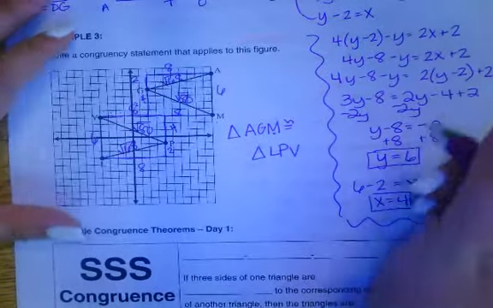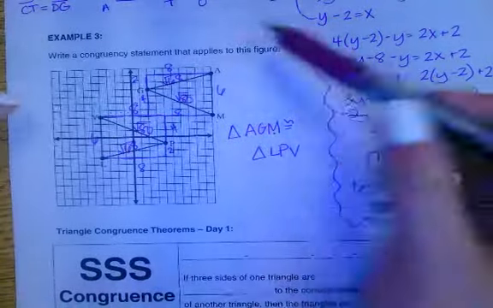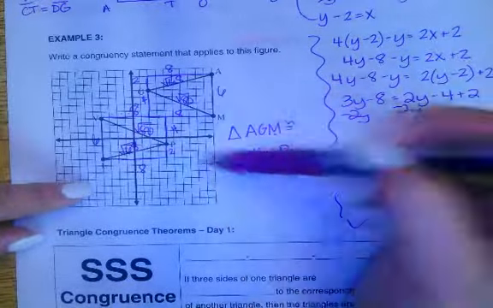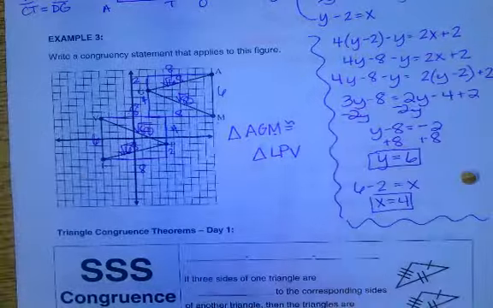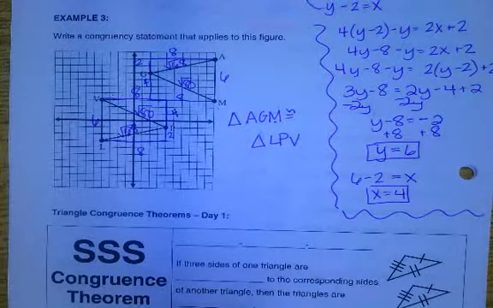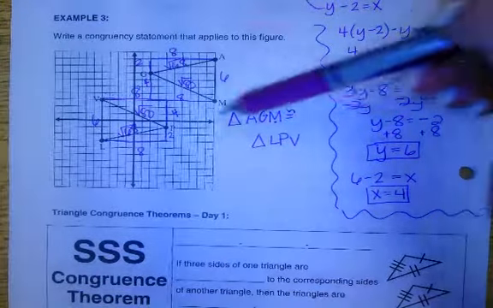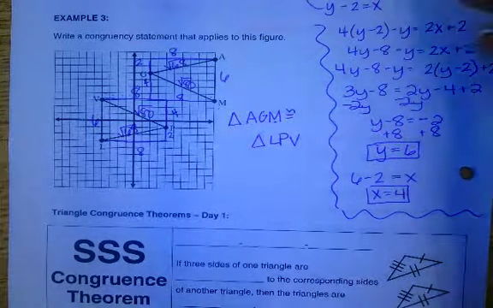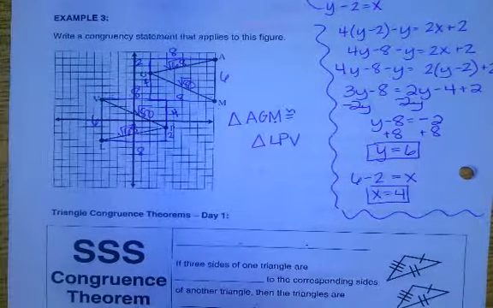And then to double check that you did it right, you want to make sure that AM is corresponding with LV. Okay, and then you'll know that you've done it right. So these are application problems once you know that you have congruent triangles. Examples 1 through 3 were applications after we know that we have congruent triangles.